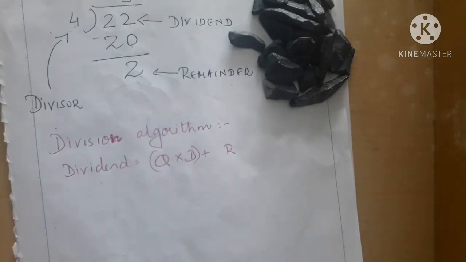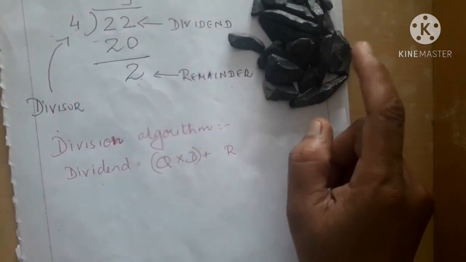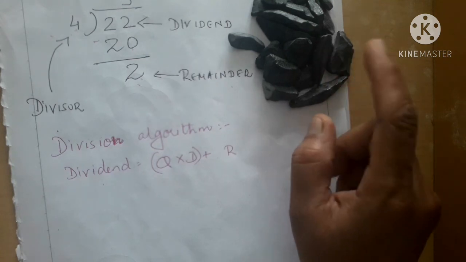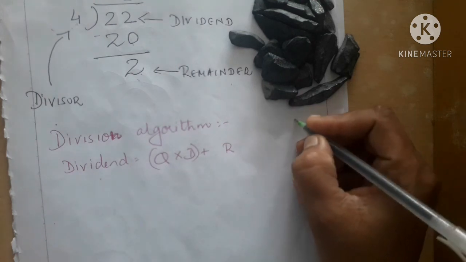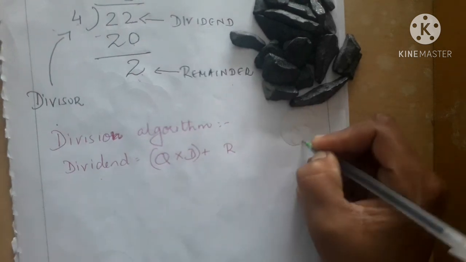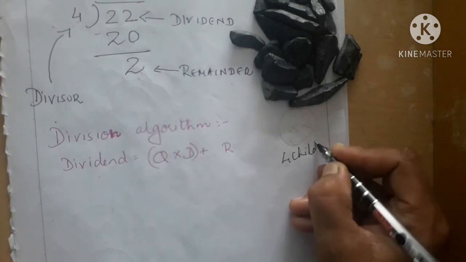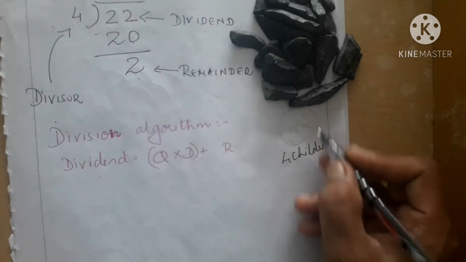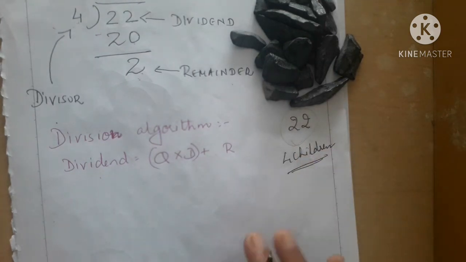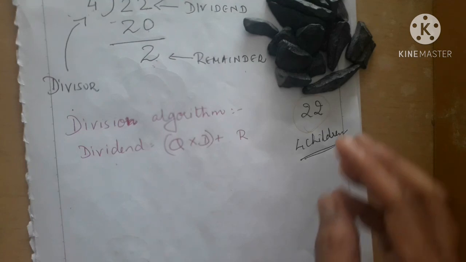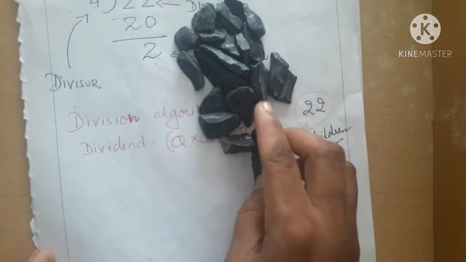This can also be done as, once again, you are going to assume that these are mangoes, and altogether they are 22. Okay, and 4 children are there. So I am writing here, these are to be given to 4 of the children, right? Now, how you can do is, out of 22, just go on removing 4.